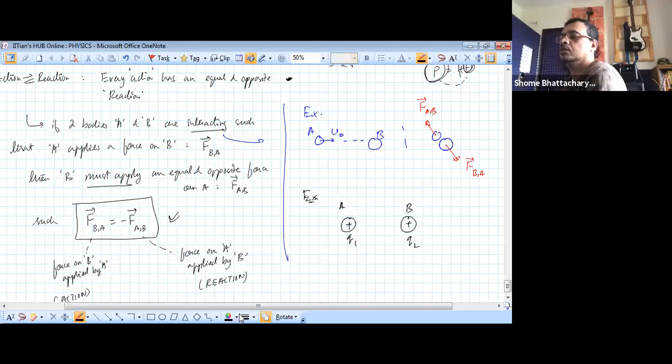So what will happen is they will experience repulsion such that as vectors, the force of repulsion that A experiences because of B will be exactly equal and opposite to the force of repulsion that B experiences because of A. So this pair of forces will have this behavior. Okay.